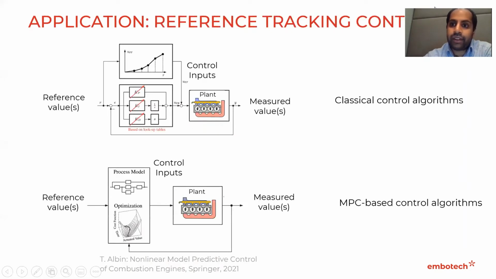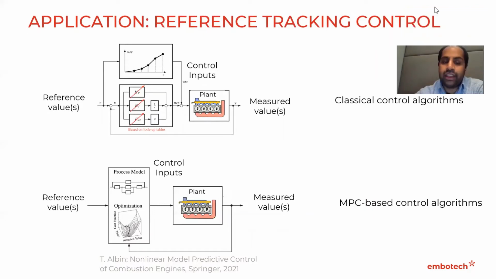Another one, and that's the very classic one, is reference tracking control problems. What you have is a reference value which should be tracked as a set point, and you have some plant that is to be controlled, and you measure the values that are the outputs of the plant. You feed them back and compare them to the reference values, and classically you would do that with a two degree of freedom controller.